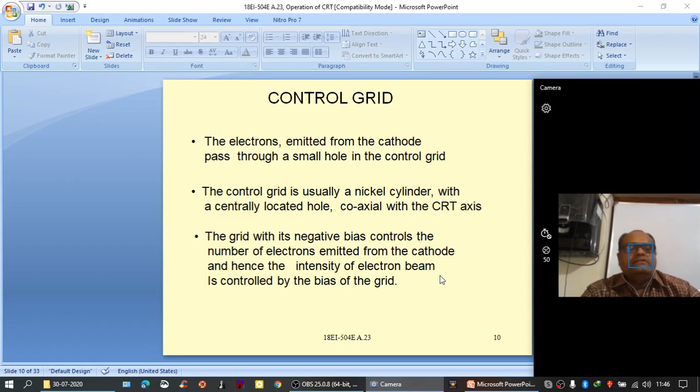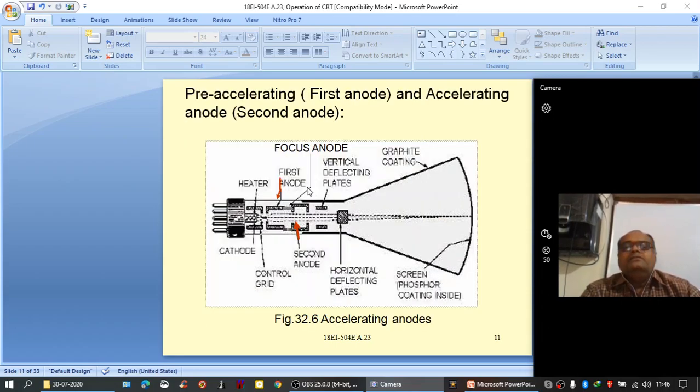This we have discussed already. Then, pre-accelerating and accelerating anodes. The first anode is called as pre-accelerating anode, and the second anode is called as accelerating anode.